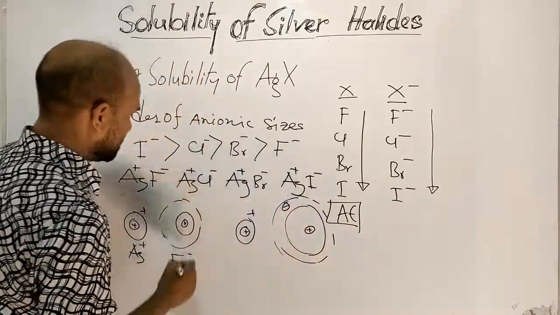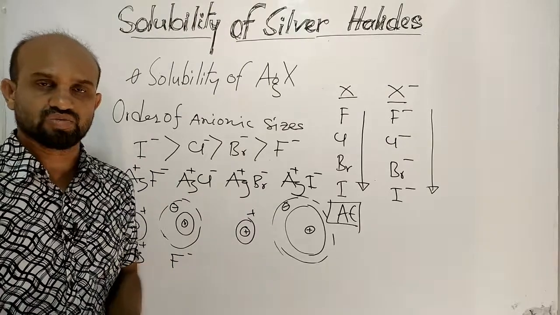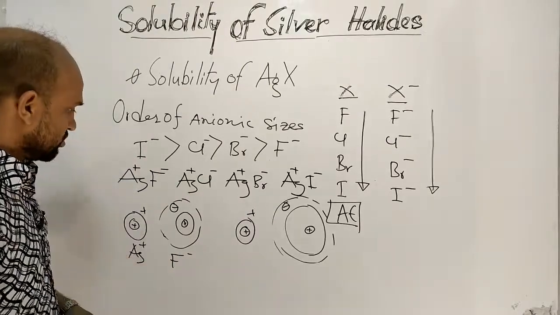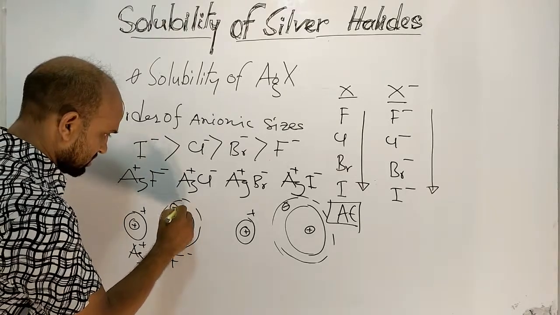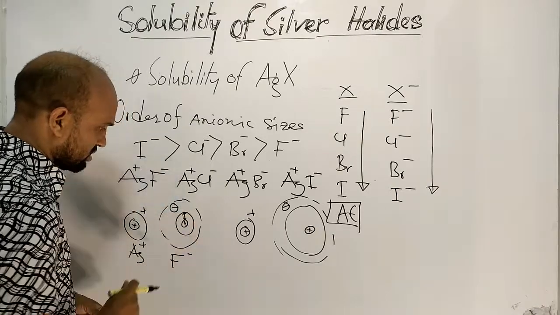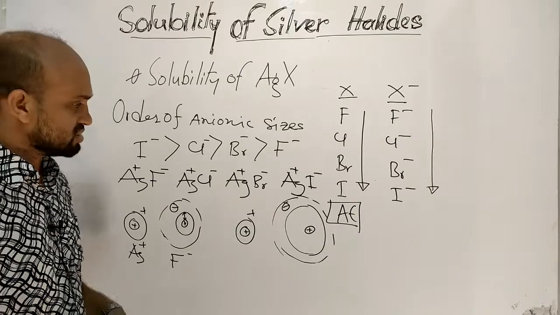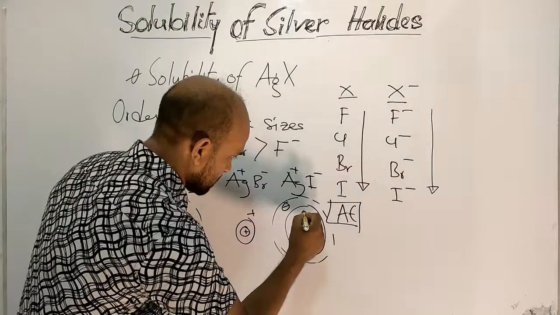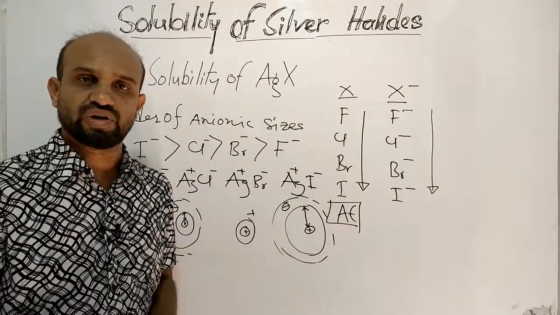Iodide is bigger in size, and fluoride is smaller in size. So the distance between nucleus and electron cloud in fluoride is comparatively shorter than the distance between nucleus and electron cloud in case of iodide ion.